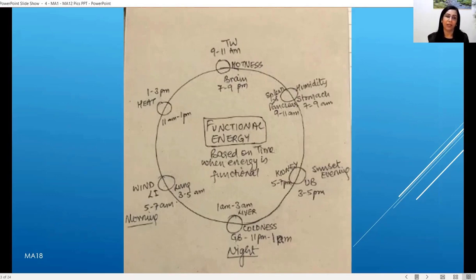So the structural energy for the large intestine and lung would be dryness energy, but the functional would be wind energy. That is how it will be applied later on in a lot of cases when we are healing, and that is when I will introduce this again and explain it in detail.